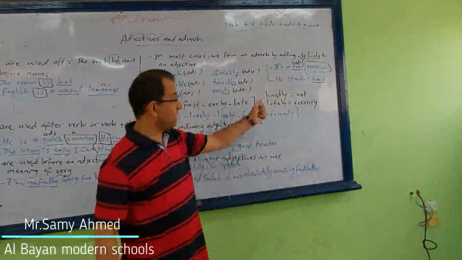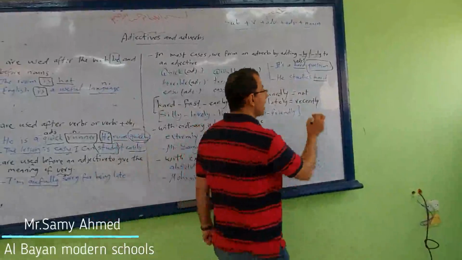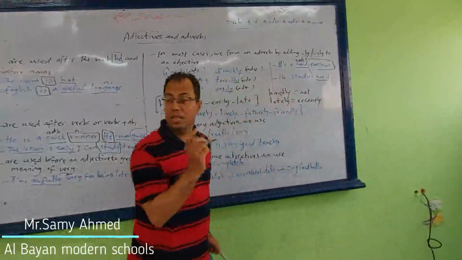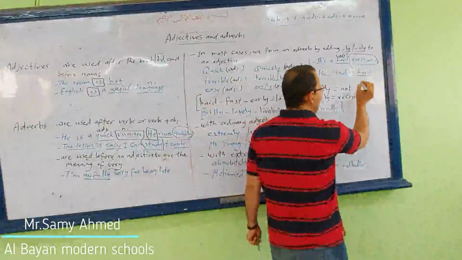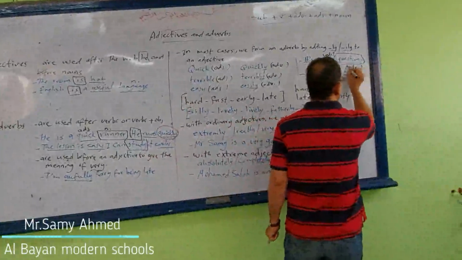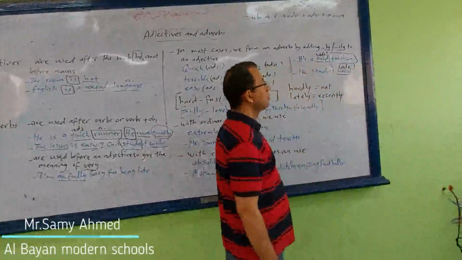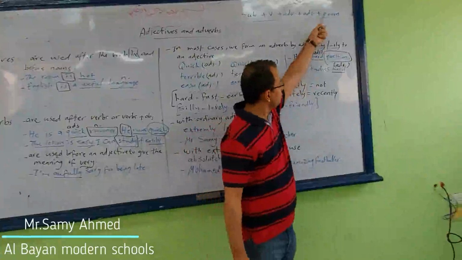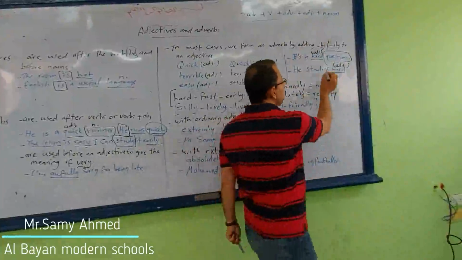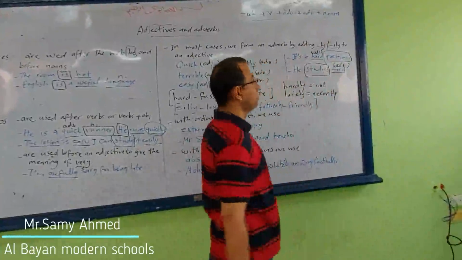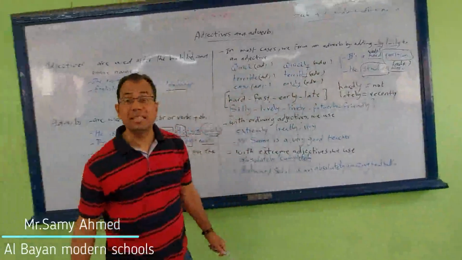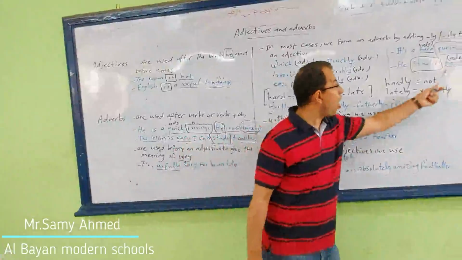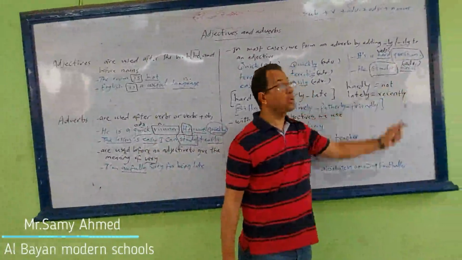Excellent. But the second word, who can tell me? Right. It's an adverb. How do you know? Because it's not followed by a noun. It describes how he studies. He studies hard. So this word describes the way of his study.